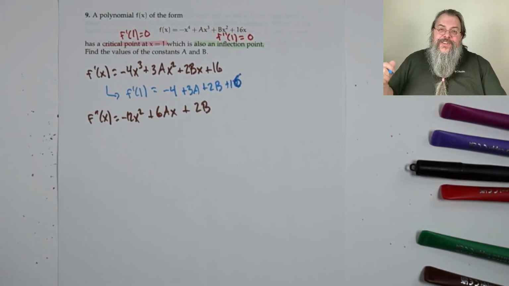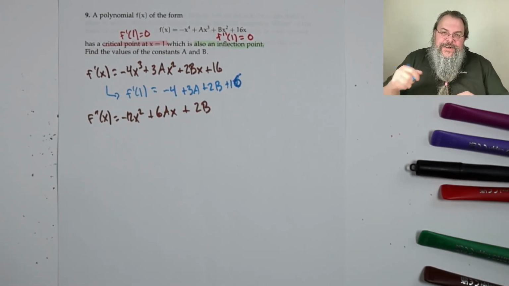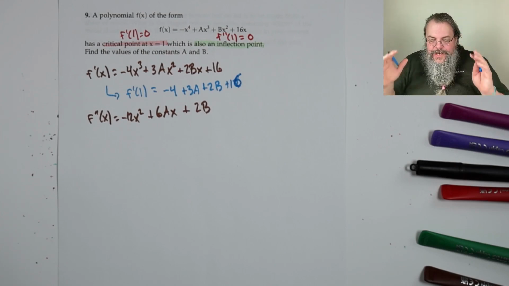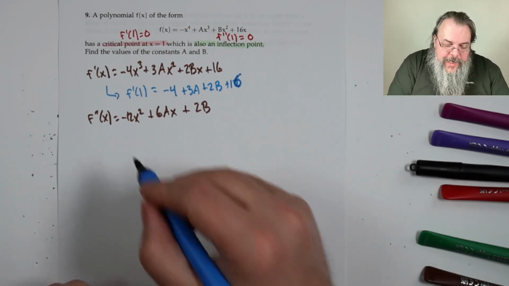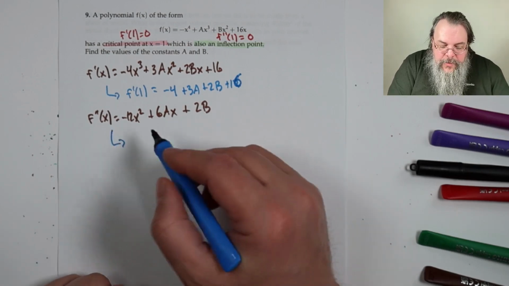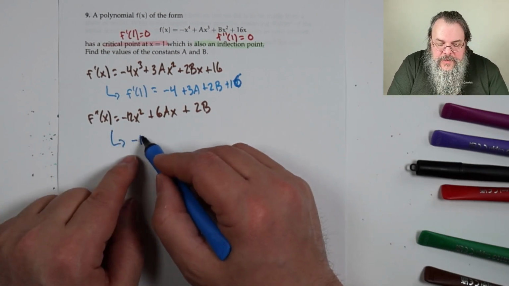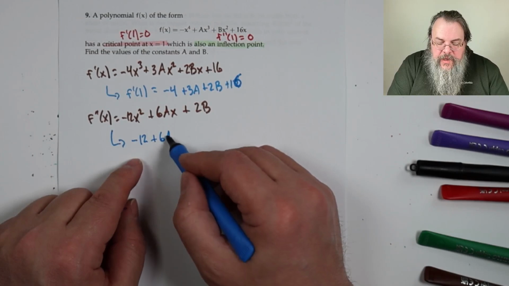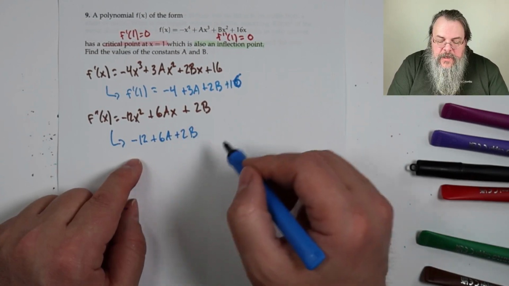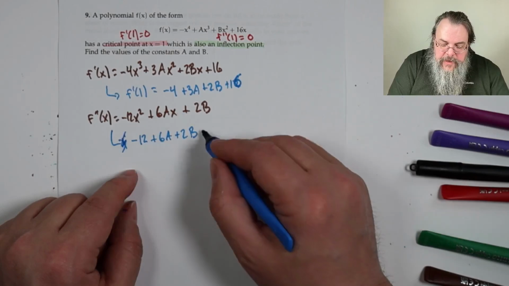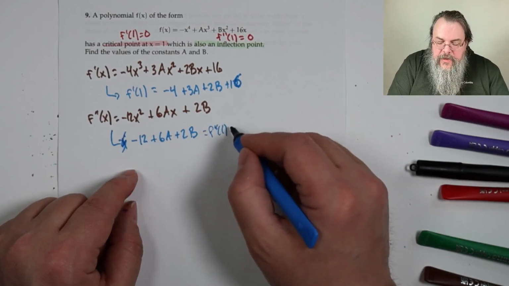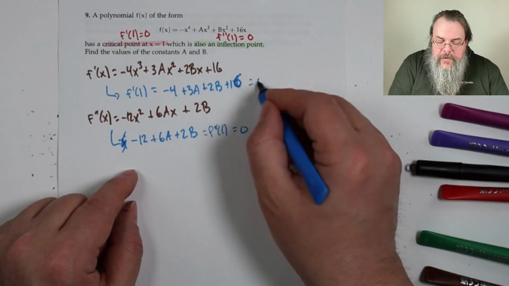It's easy to start doing things in your head, and your hand just tries to keep up. Be careful. Pace yourself. All right, second derivative. Again, coefficients: negative 12 plus 6a plus 2b. That's f double prime of 1, I should have written that down. And we know these are both equal to 0.